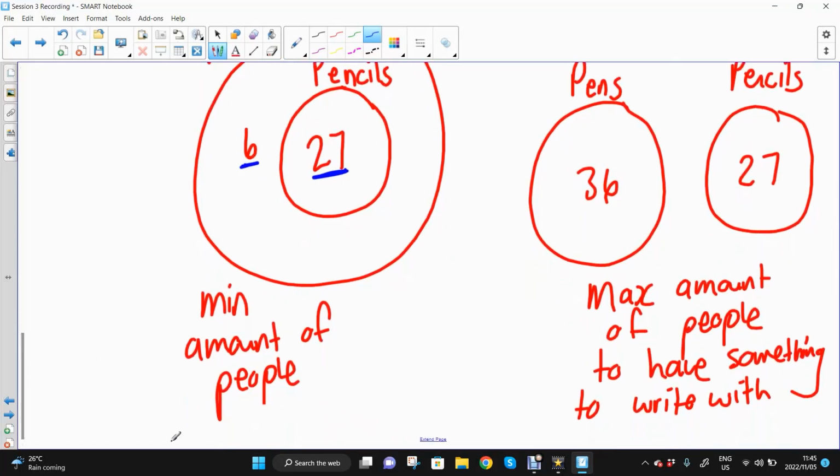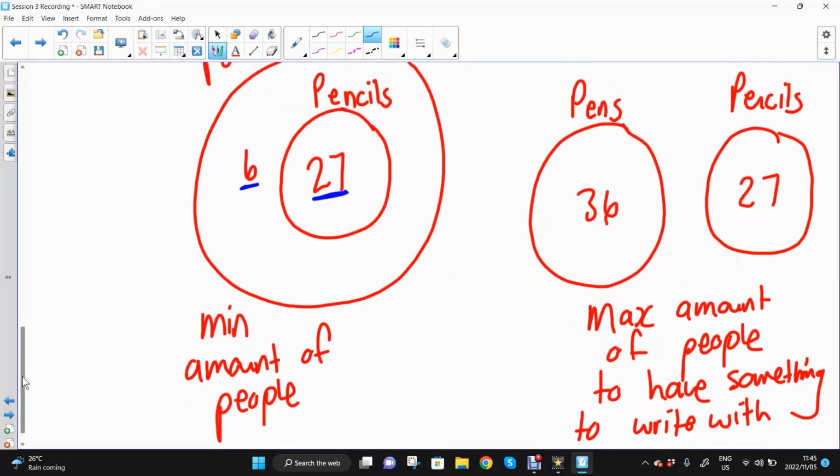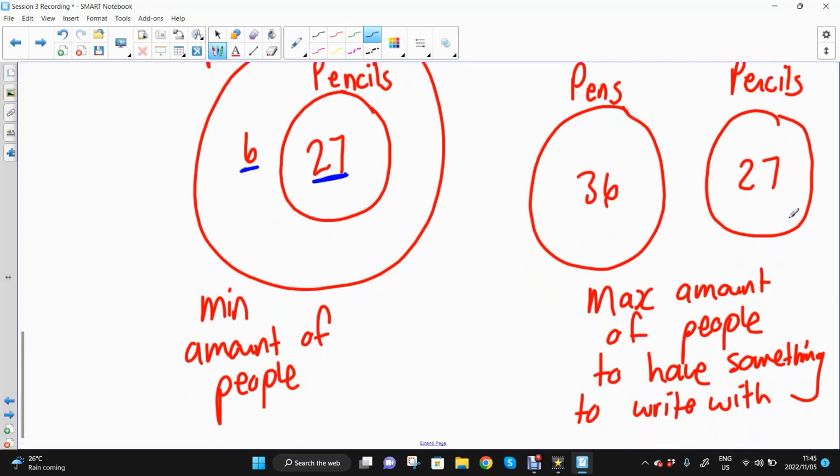The other scenario, and this is now not part of the question, but I just wanted to show you, is the maximum amount of people that will have something to write with. So now you are assuming that all the people with pens don't have pencils, and all the people with pencils don't have pens. So now the two sets are completely separate.